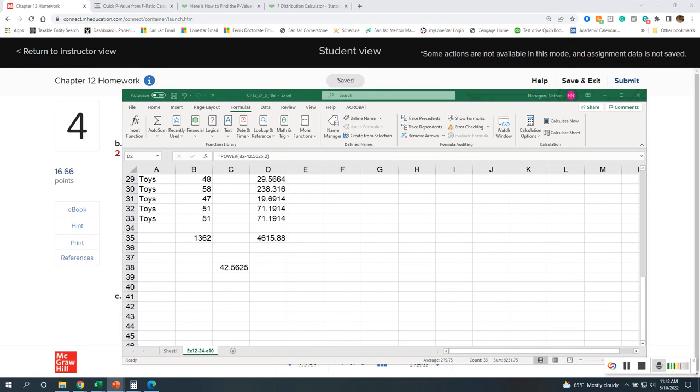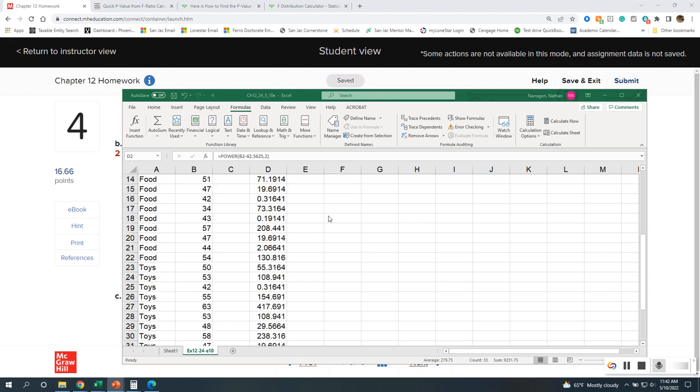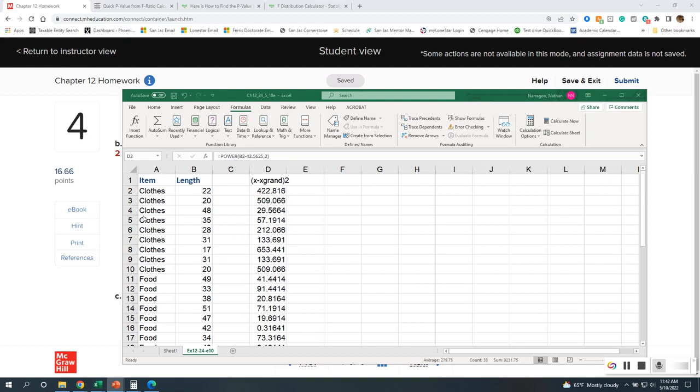So for this one, we're going to take the sum of x minus our treatment, so we need to find the individual means.